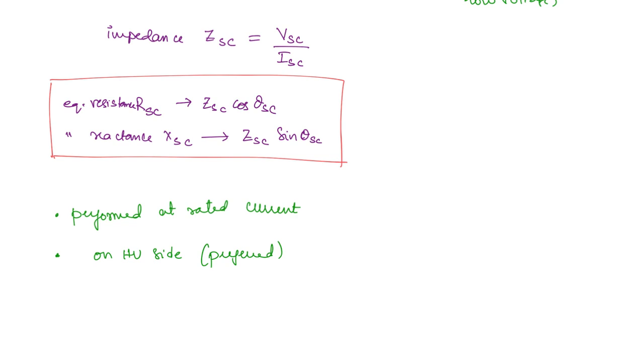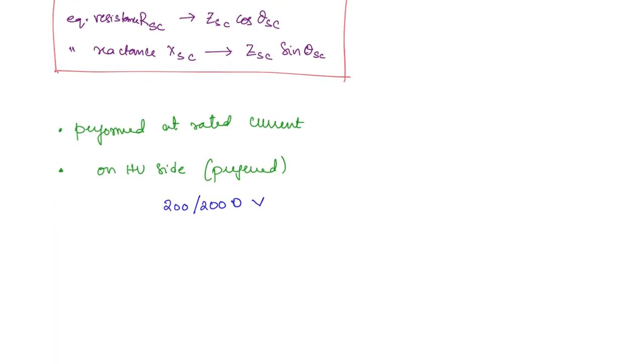So why is that? You can consider an example. Let us say a 200 by 2000 volt transformer is present. Whenever you are doing the short circuit test, whether LV or HV, the voltage that is required to drive the rated current is going to be much less as compared to the rated value.